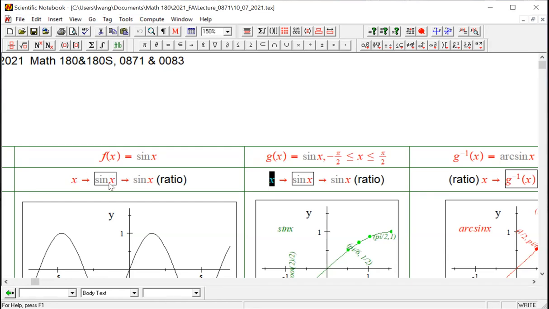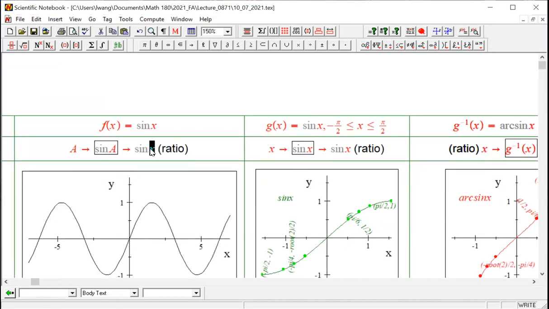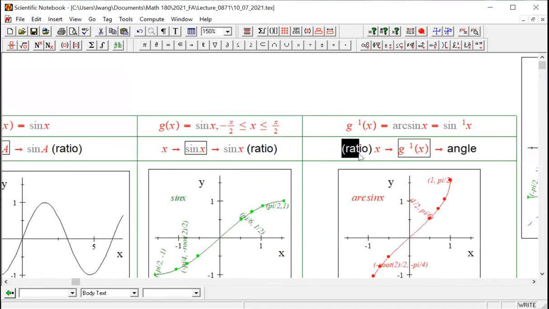They're just angles; it doesn't matter what symbol you use. So the input are angles, the output are ratios. And G, same thing. How about the inverse? The inverse has input as ratio, and the output is angle.